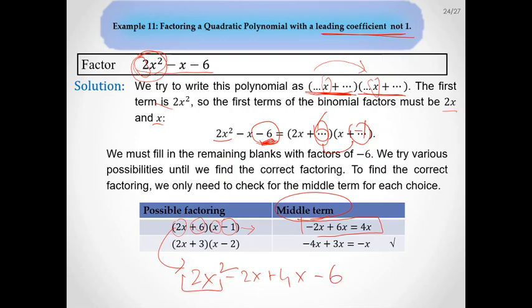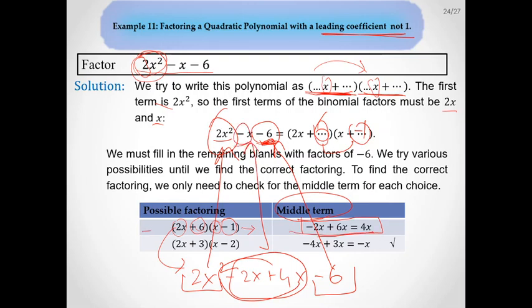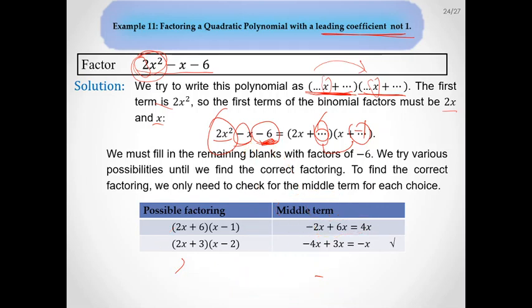We do not check the others because they're already the same as this one. So we check only this part to see if it is -x. Obviously it is not. So this choice of the factors is not right. Let's look at the other one.